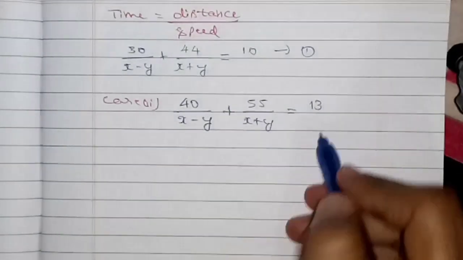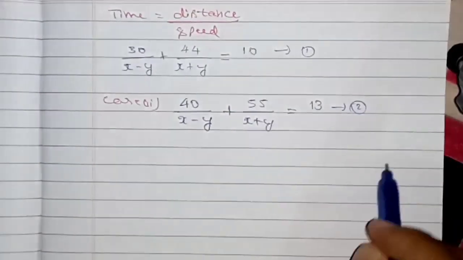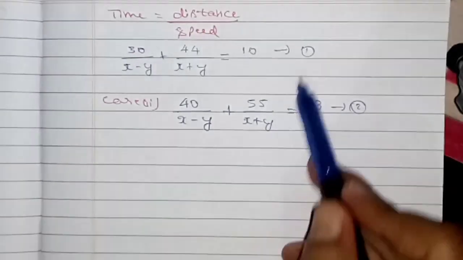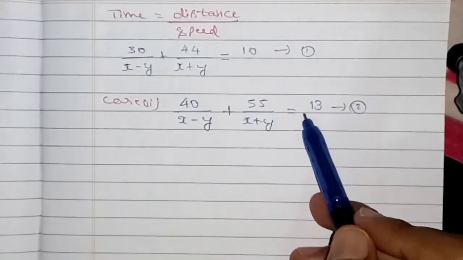And this is the second condition. By simplifying these two conditions, we can find the answer, children.